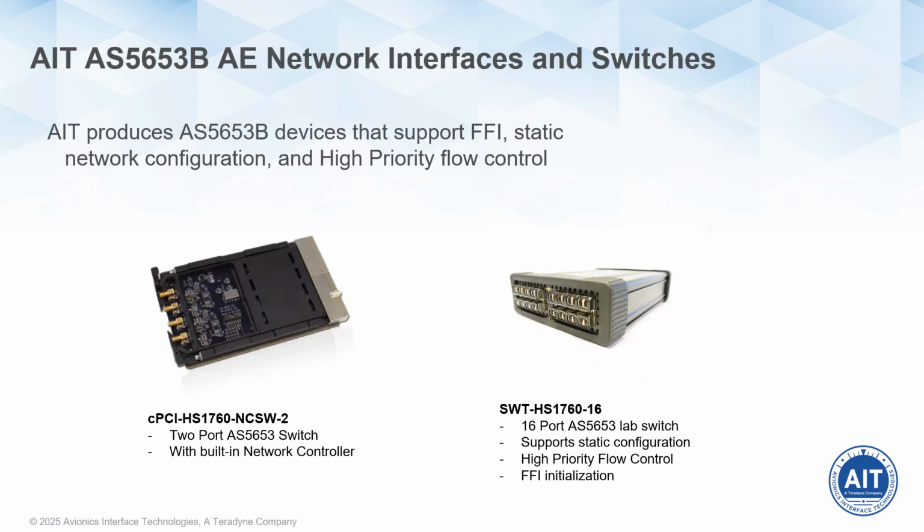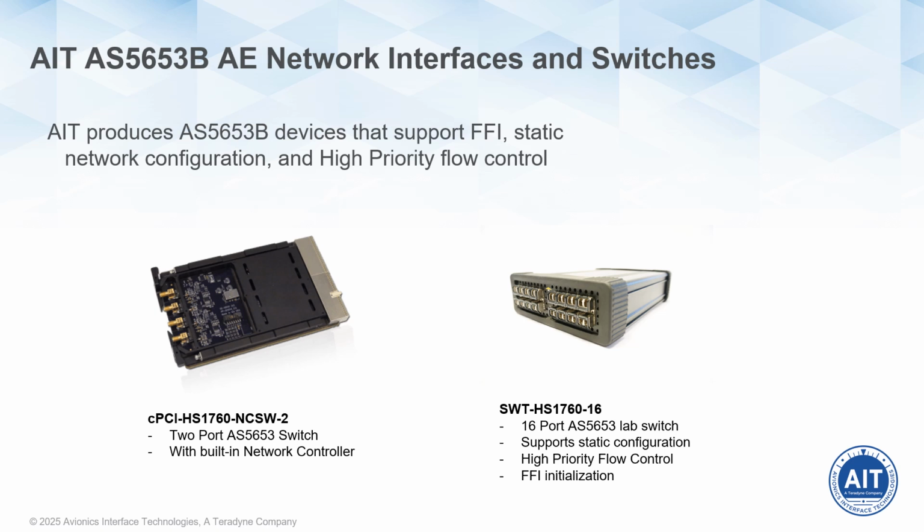Okay, so to recap, there's a couple of really important differences in HS1760 network standards versus their commercial counterparts. The first major difference is that the network is going to be configured from stored files rather than plug-and-play discovery protocols. So you'll need to find switches that can initialize from those stored configs.